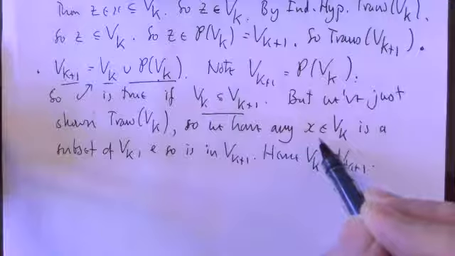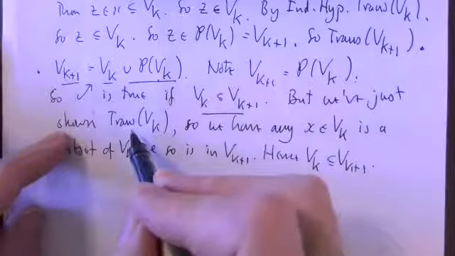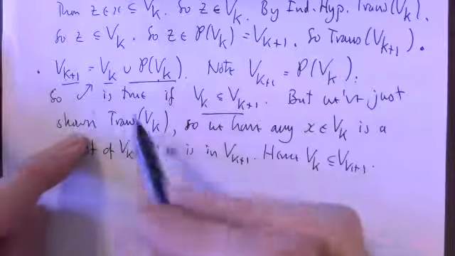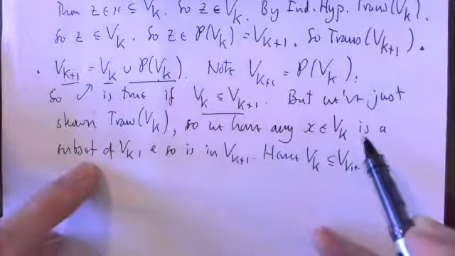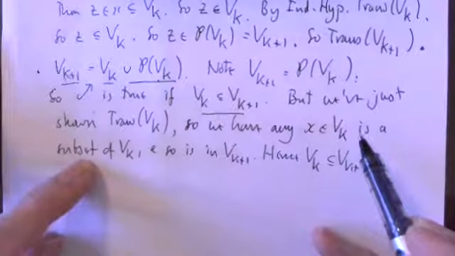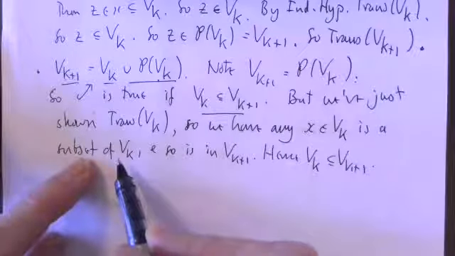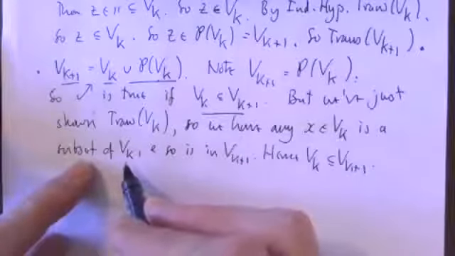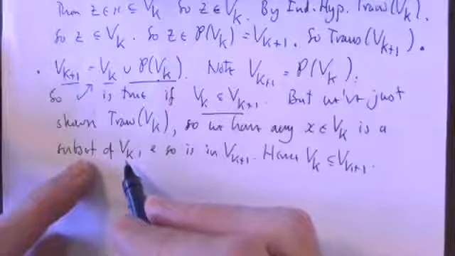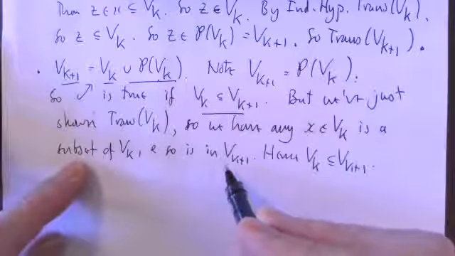So if X is in Vk and it's a subset of Vk, why is it also in V(k+1)? Because V(k+1) is the collection of subsets of Vk. Because V(k+1) is the power set of Vk. So any subset of Vk is an element of the power set of Vk. So any subset of Vk is a member of V(k+1).